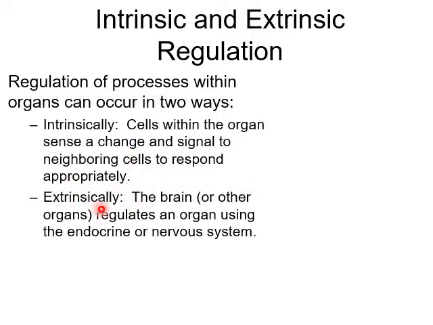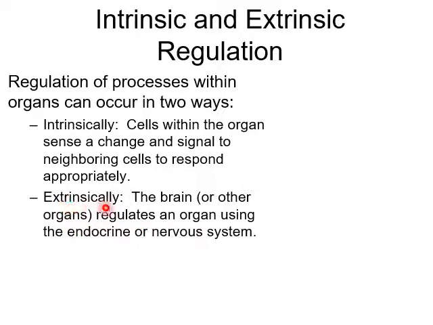Extrinsically, it can happen over longer distances, and typically it's the brain that's going to regulate other organs, or the endocrine system, like the cells of the pancreas regulate the cells throughout the body, not just right around the pancreas. It regulates cells that are far off in distant parts of the body.